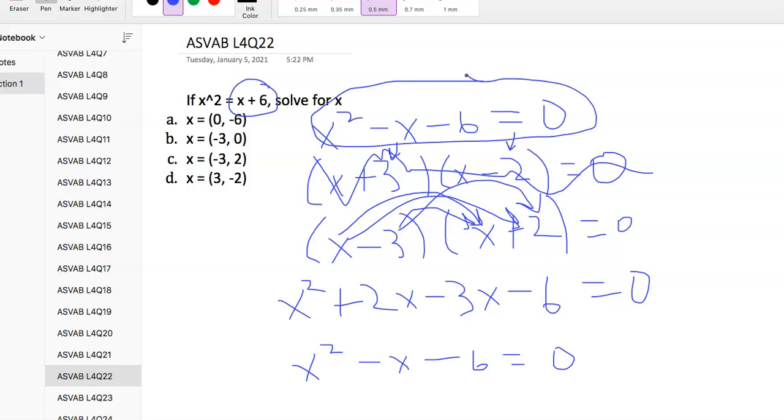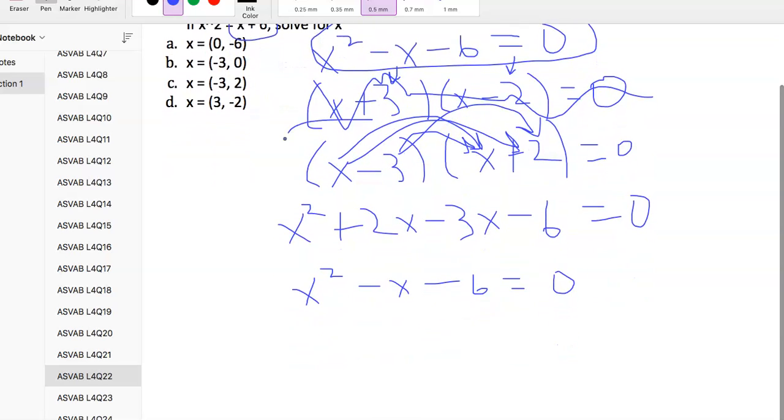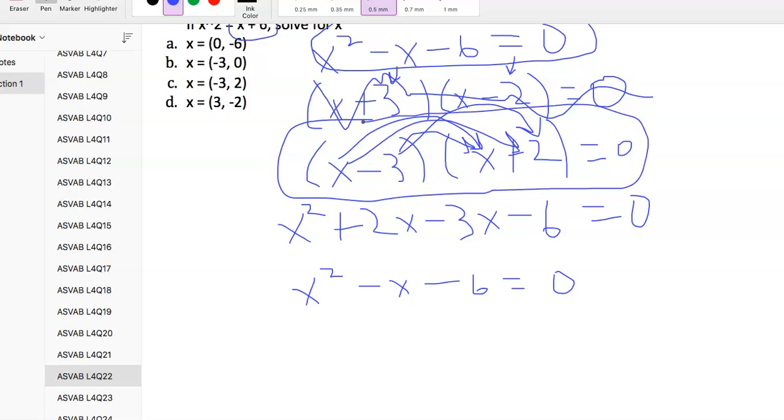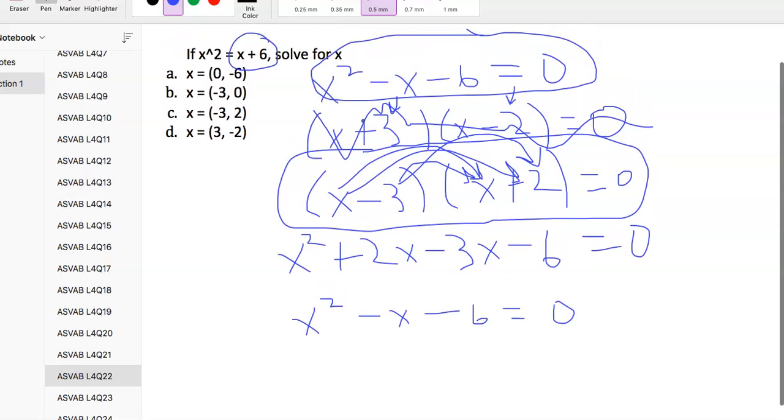Okay, so this is the one we like. I've written all over the place now. x minus 3 times x plus 2 equals 0. Okay, and so what we're trying to do here is figure out what number x has to be so that we have 0 in that first set of parentheses, right?